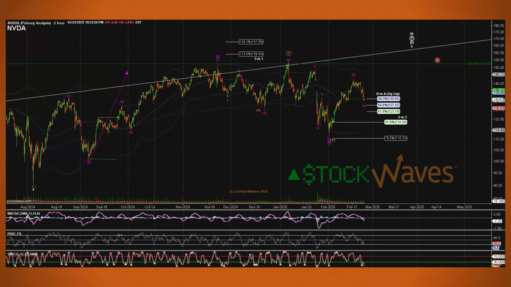And Bob is asking for GDX, please. I actually don't have a GDX chart in my slideshow, and I'm afraid if I try and switch to a motive wave window, things might get mad at me.